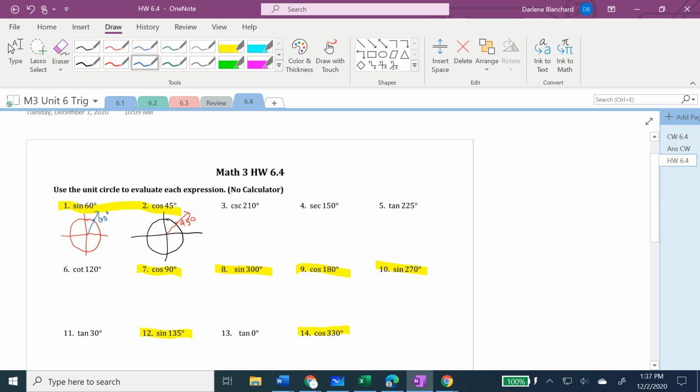90 degrees. So you want to know where is 90 degrees? Where does it land? And then cosine is the x coordinate of this particular point.